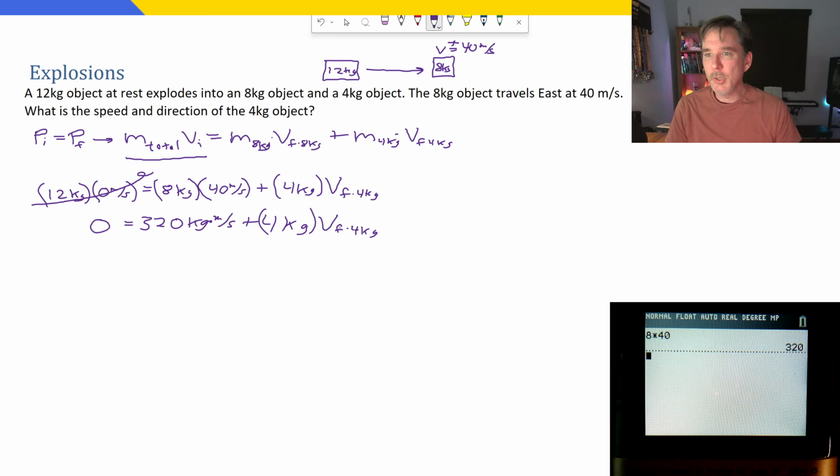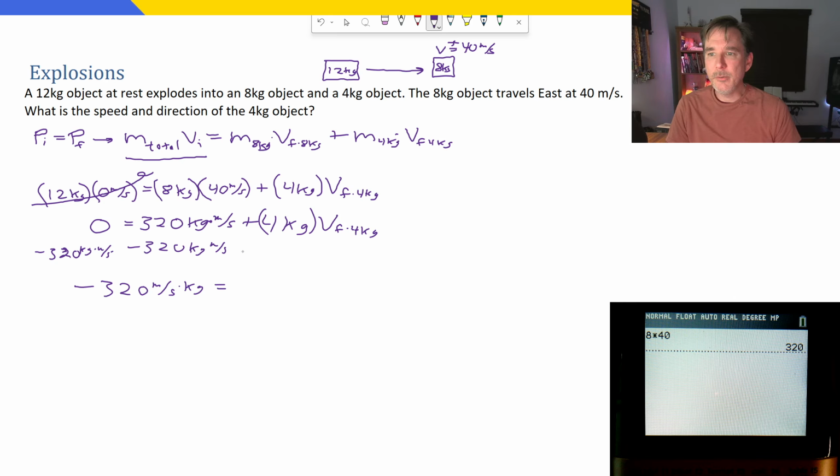Okay, so we've got to solve for this velocity, so we've got to get it by itself. Right now it's being multiplied by the 4 kilograms, so we'll have to divide eventually. But first, before we divide, we have to subtract 320 kilogram meters per second from both sides. And so I get negative 320 kilogram meters per second. Forgot the kilogram there, I'll just tack that on.